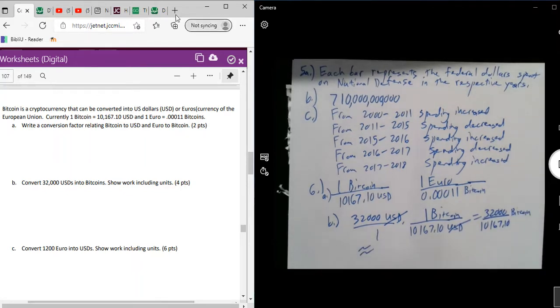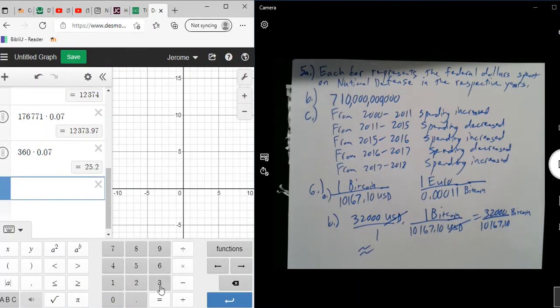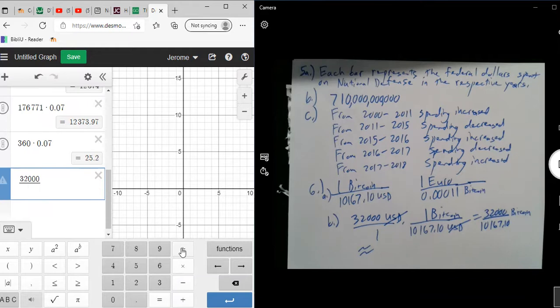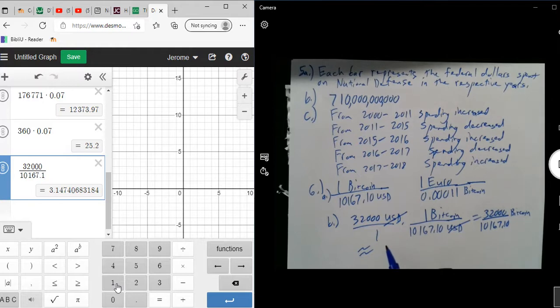Now, let's put this in our calculator. We had 32,000 divided by $10,167.10. So this would be approximately, if we round it to 2 decimal places, approximately 3.15 Bitcoin.